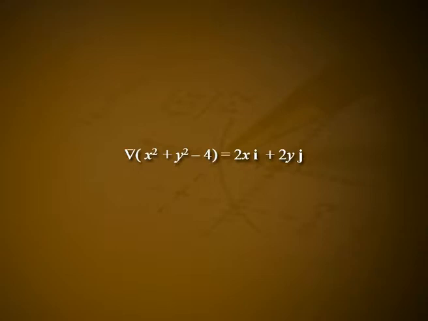Example 2. Evaluate the double integral over S of f·n dS, where f is equal to z i minus x j minus 3y² z k, and S is the surface of the cylinder x² plus y² is equal to 4, included in the first octant between z is equal to 0 and z is equal to 3. Solution. A vector normal to x² plus y² equal to 4 is given by the gradient of x² plus y² minus 4, which is equal to 2x i plus 2y j.